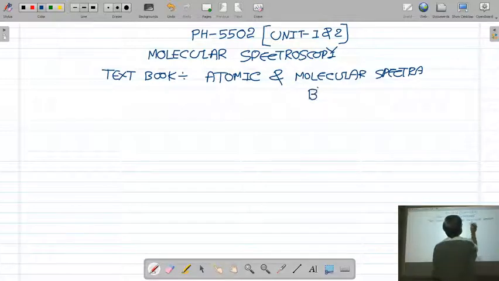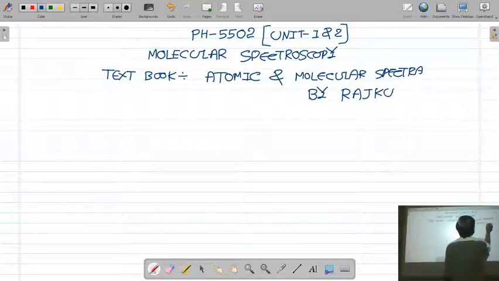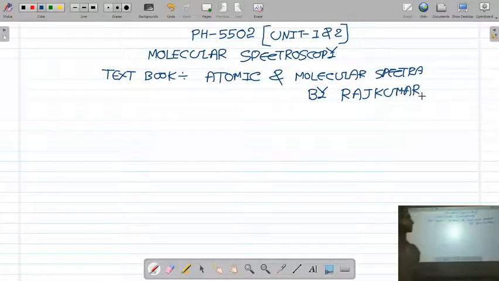The author is Rajkumar. So Unit 1 and 2 of this paper is taken from the textbook Atomic and Molecular Spectra by Rajkumar. So today we will start Unit 1 of PH 5502.